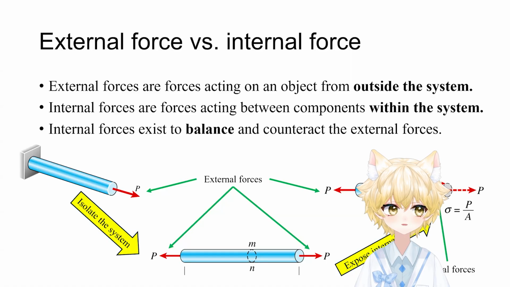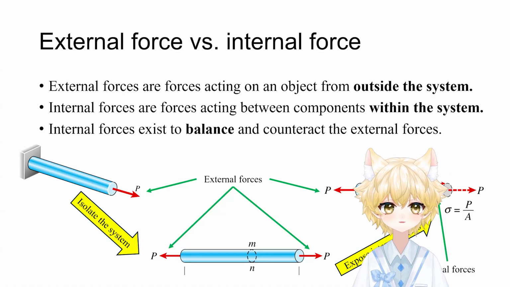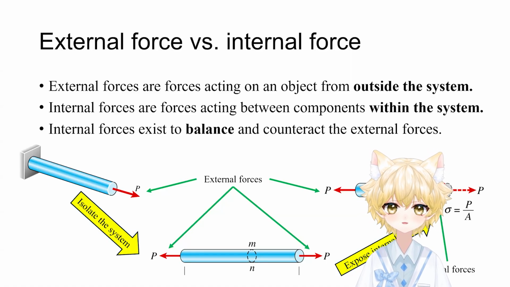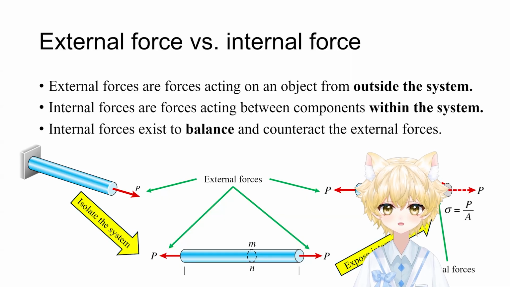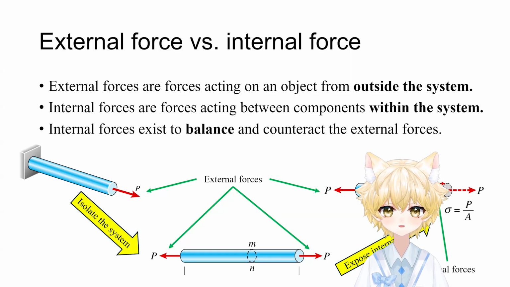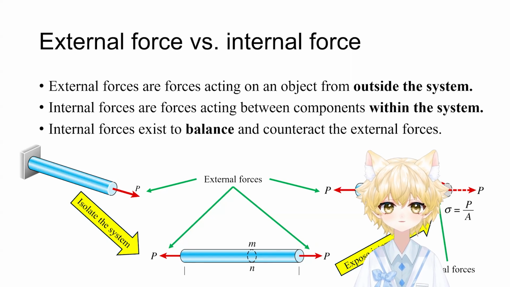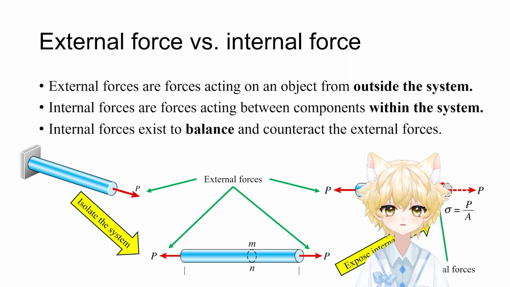The cross-section MN. Once we separate the pieces, we must add an internal force at the cut surface to maintain equilibrium. Otherwise, the material will go away, right? Because of the external load P. This internal force exists specifically to balance and counteract the external force, and this is the force we use to calculate stress.